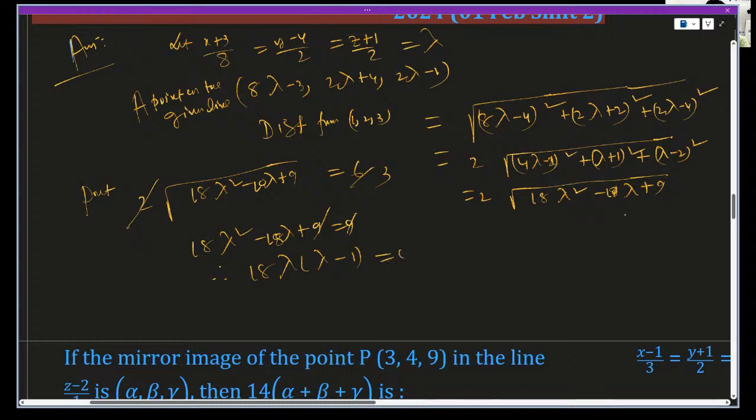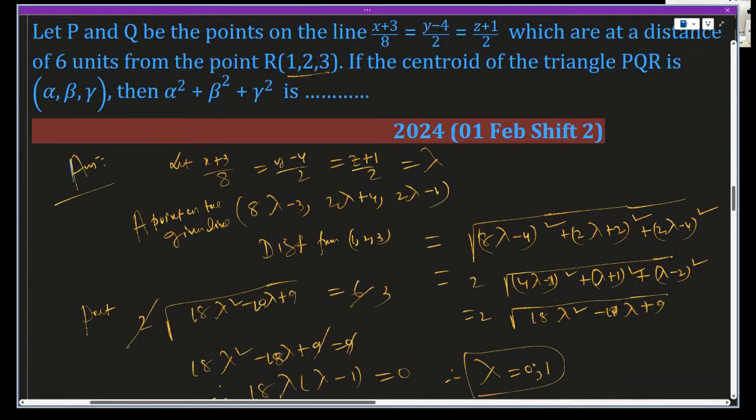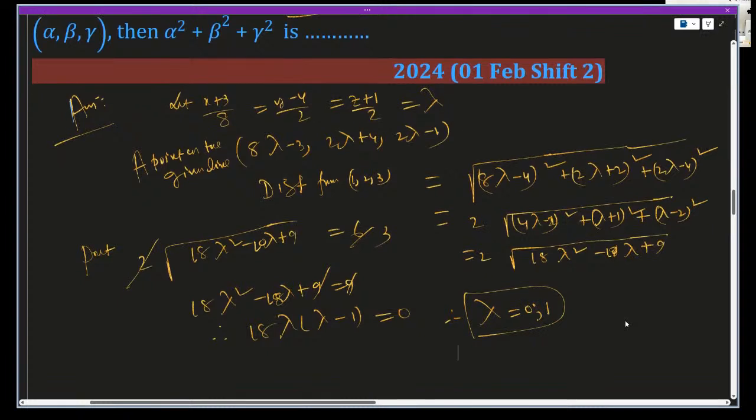Situation may demand that you will not get integer values always. But we never lose the hope that we will get integer or at least a good fraction, so that manipulation will be easier. That's why. So once you are getting lambda 0 and 1, so P will be what?